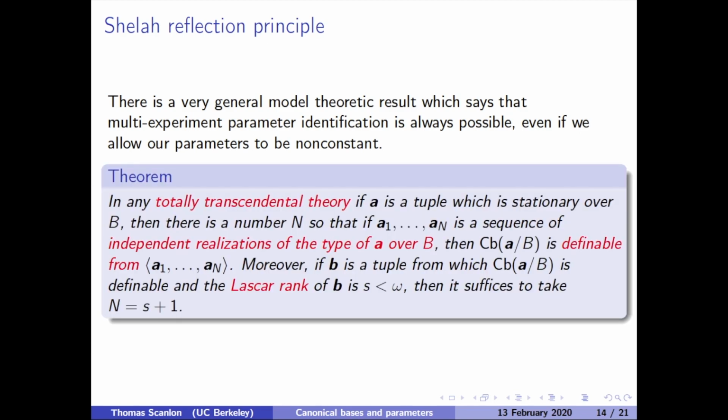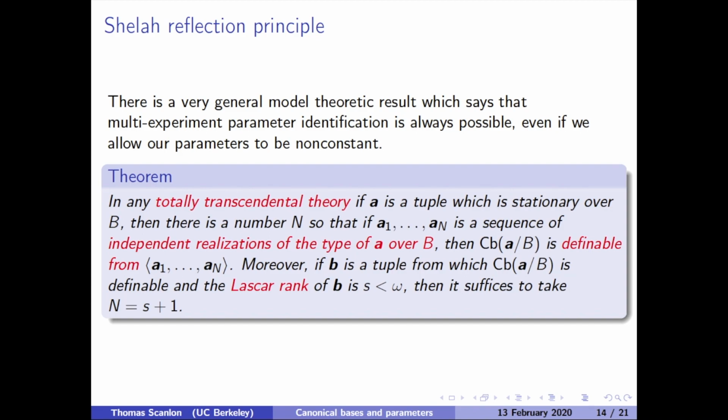And so here's the theorem, which says exactly that you can always compute the parameters from finitely many independent experiments. It doesn't look like that's what it says, but I'll explain why it says this. Okay, so I'll read this, and then we're going to translate this into a statement about differential equations. So we work in a totally transcendental theory.